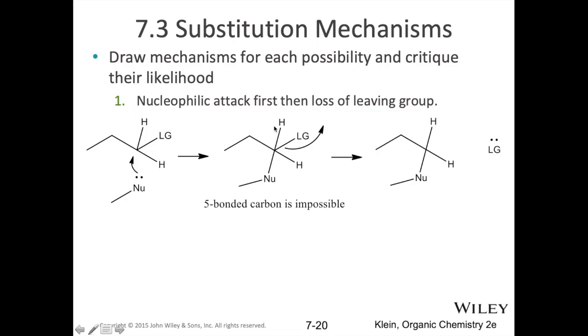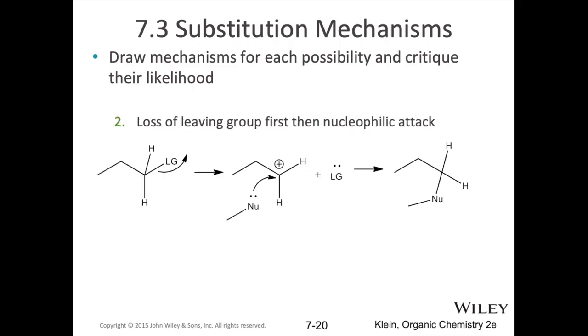Remember, this violates the octet rule. We don't like to draw Texas carbons, as we colloquially call them. So this is an impossible mechanistic step. So let's look at the other combinations and see if they're possible.